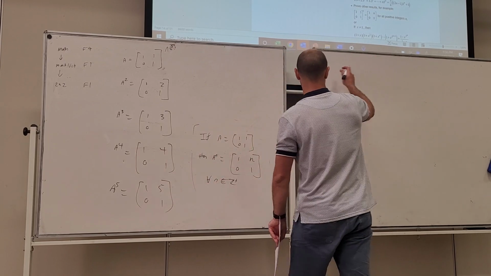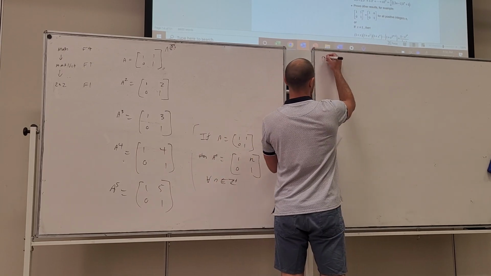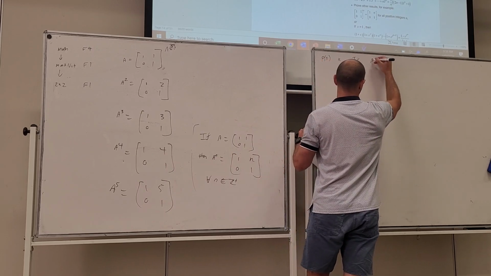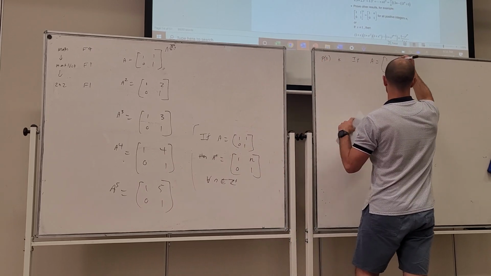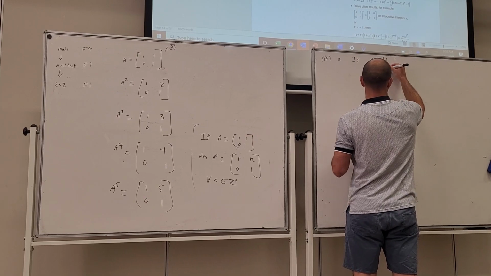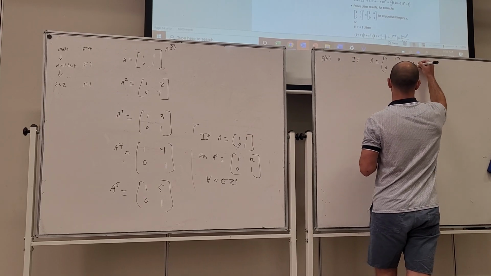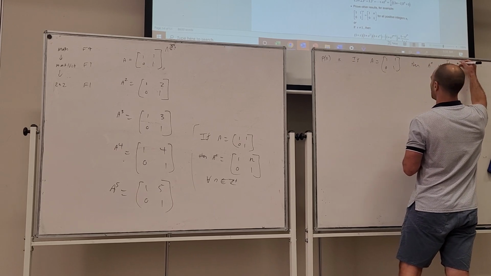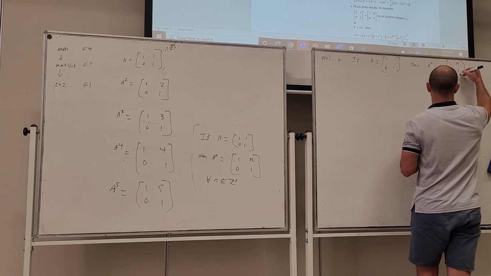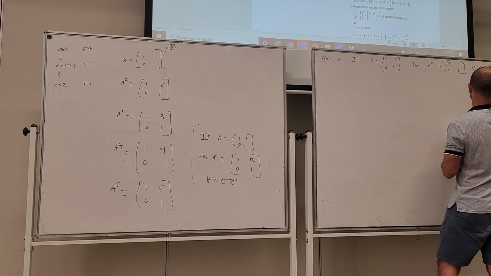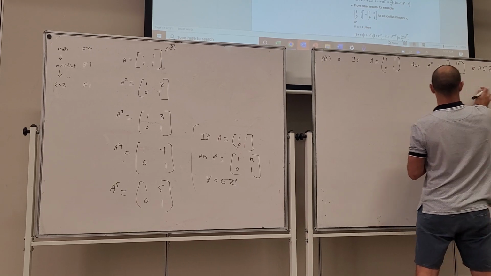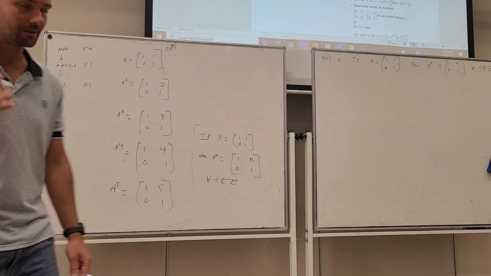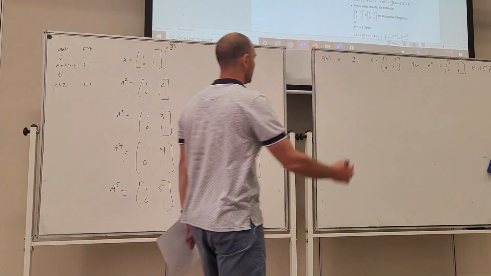So P of n is: if A is a 2 by 2 matrix such that we have 1, 1, 0, 1, then A to the n is 1, n, 0, 1 for all n a positive integer. Okay, that's our claim. That's our statement. Remember, we make a statement for a proof always first.